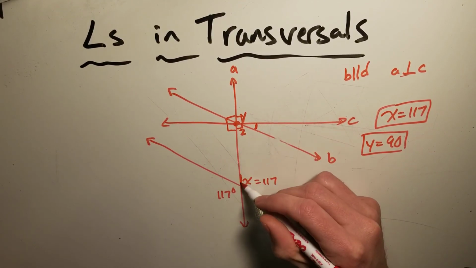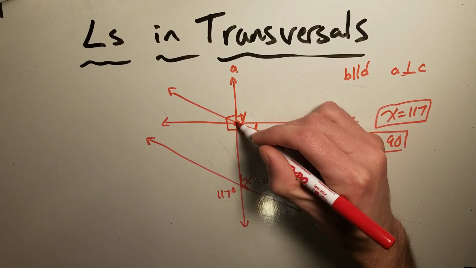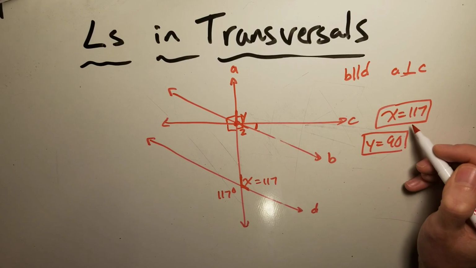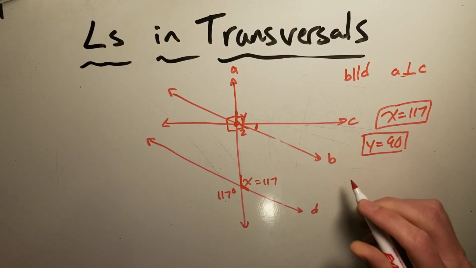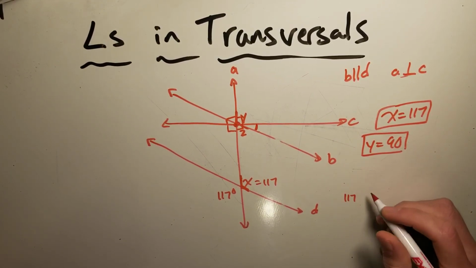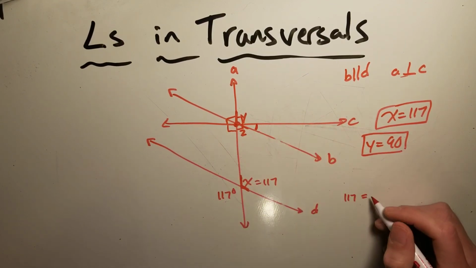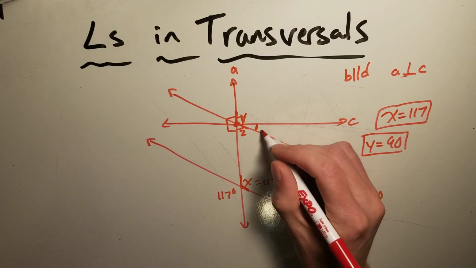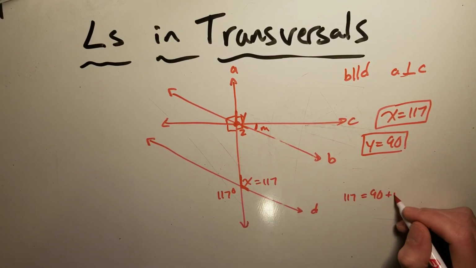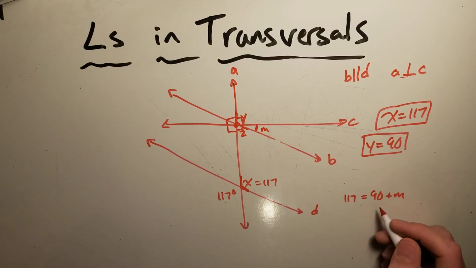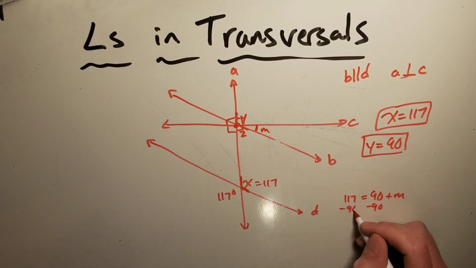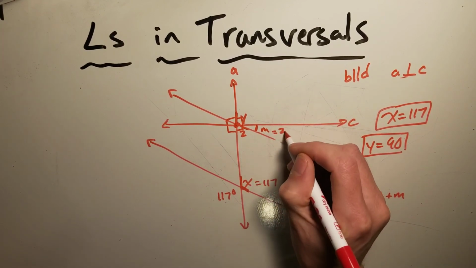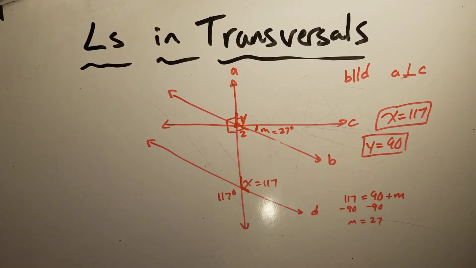See how this angle here corresponds with this whole angle, the Y plus the little extra. And we know Y is 90. So 117 is equal to Y, which is the 90, plus the little extra. Let's call the little extra M. So the 90 plus M. If you subtract 90 from both sides, you're going to end up with the little m is 27. So this little angle here is 27.